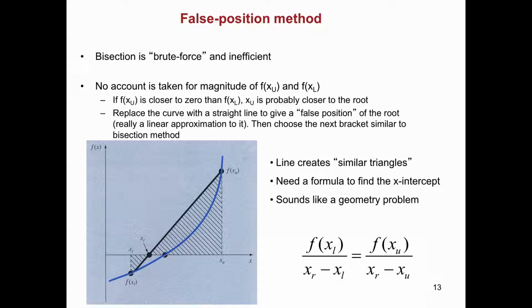So if I do geometry analysis of this, these two triangles are similar, okay? And basically the length of this divided by the length of this is the same as the length of this divided by the length of this.